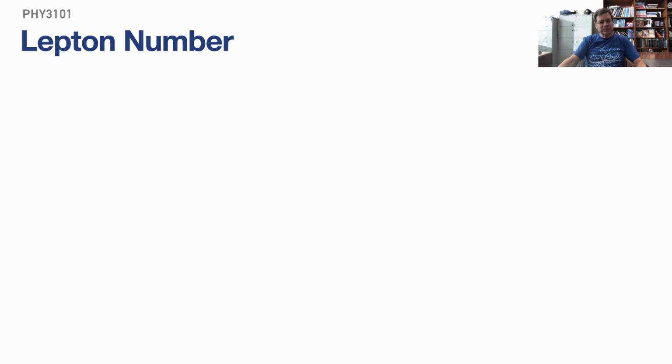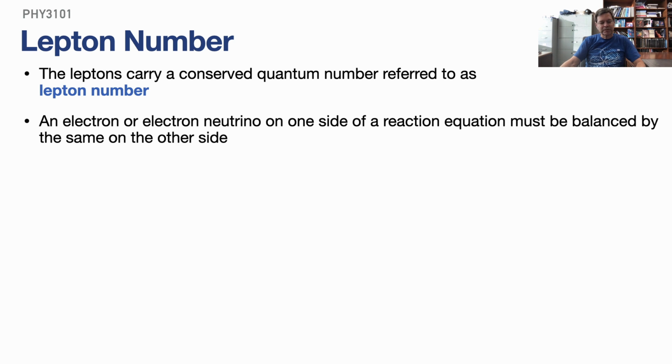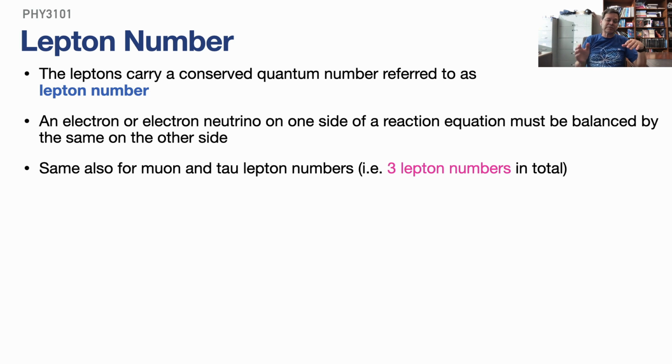We're going to introduce the quantum number concept known as lepton number. We say that leptons carry a conserved quantum number, referred to as lepton number. An electron or an electron neutrino on one side of a reaction must be balanced by the same number on the other side of the reaction. But the same is separately true for the muon and muon neutrino, and the tau lepton and tau neutrino.